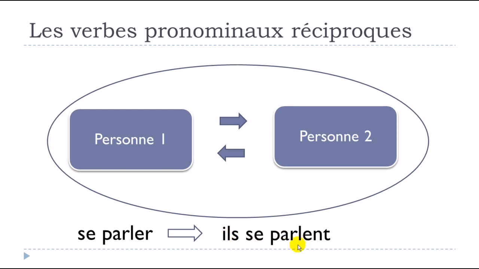And this is exactly the main concept of les verbes pronominaux réciproques. So, la personne numéro 1 parle à la personne numéro 2, la personne numéro 2 parle à la personne numéro 1. So this cycle will actually symbolize in a way this concept of les verbes pronominaux réciproques.